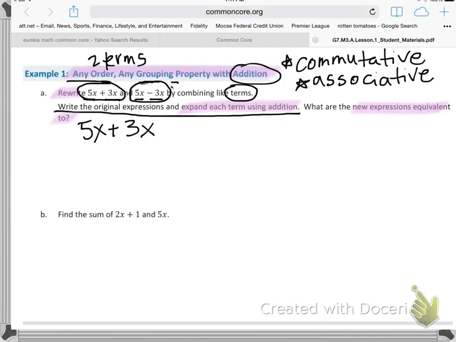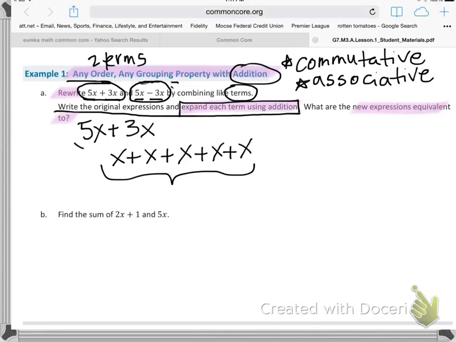if we were to expand each term using addition, it would look like this: x plus x plus x plus x plus x. This is the first one, this 5x. You see them there, 1, 2, 3, 4, 5 x's.